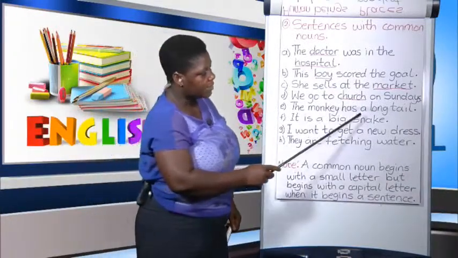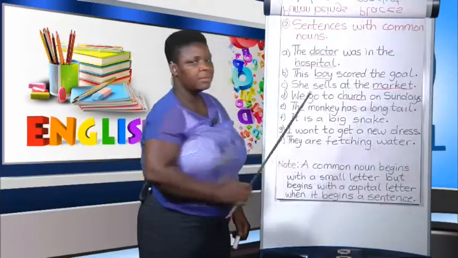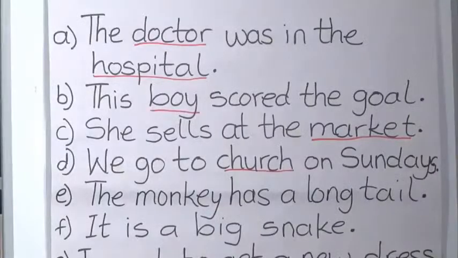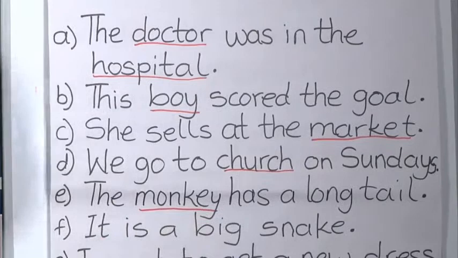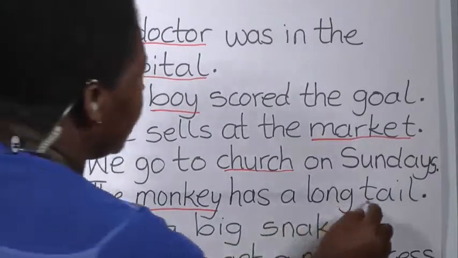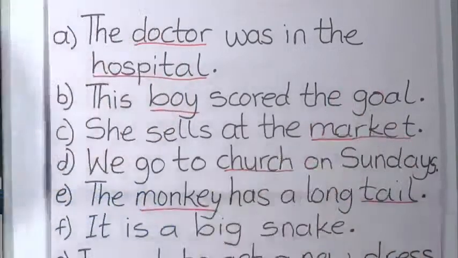The monkey has a long tail. The common noun in this sentence is monkey, and we also have tail.